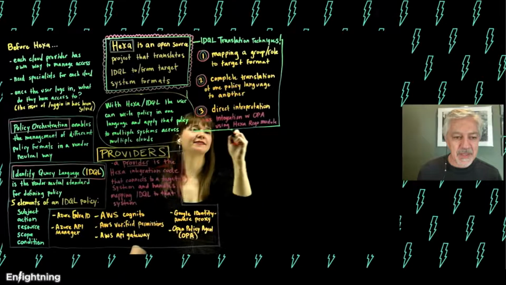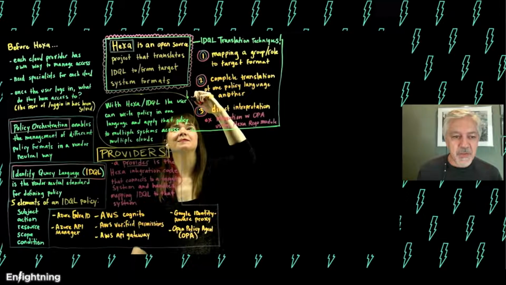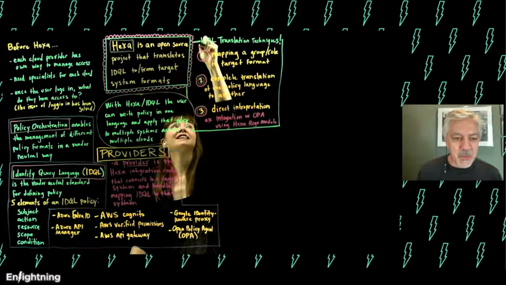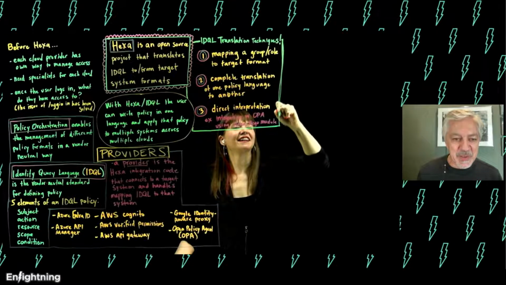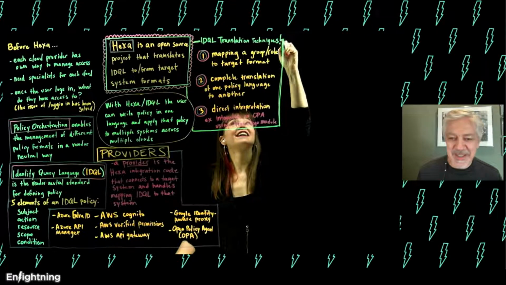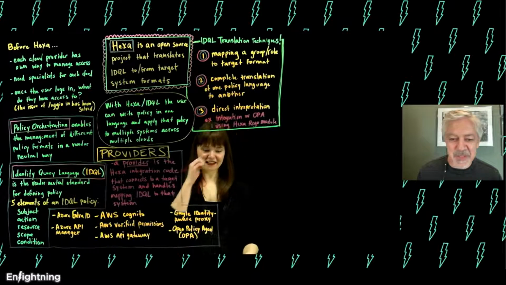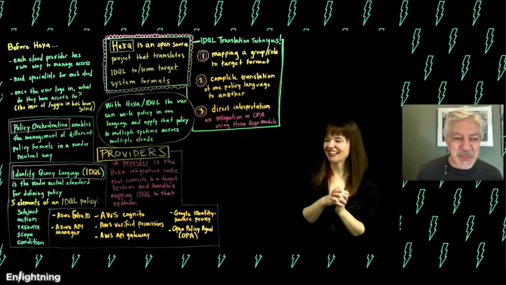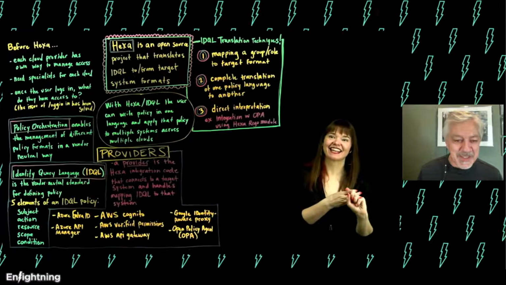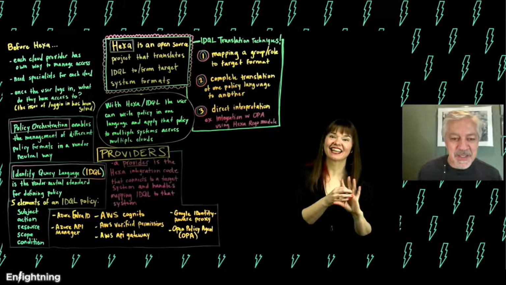What's next? Yeah, so for those that are adventurous enough to think about diving in and building their own provider to some other system, like Kubernetes, maybe. We're doing a bit of a refactor of the Hexa code base right now.